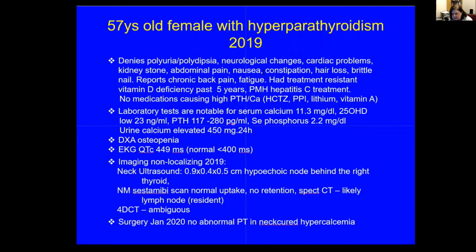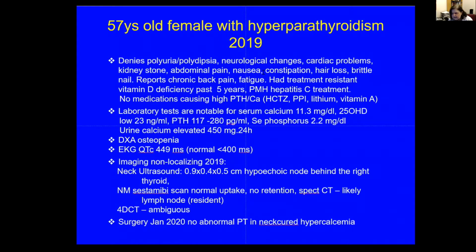117 to 280 picogram per milliliter. Her serum phosphorus was 2.2, and her urine calcium was elevated at 450 milligram per 24 hours. And repeatedly, these values remained in this range.